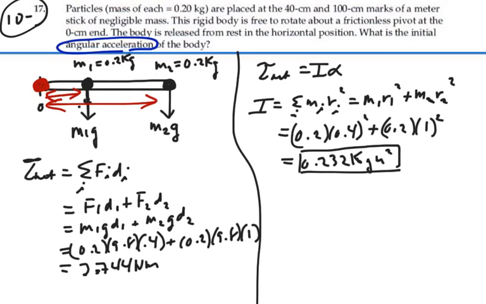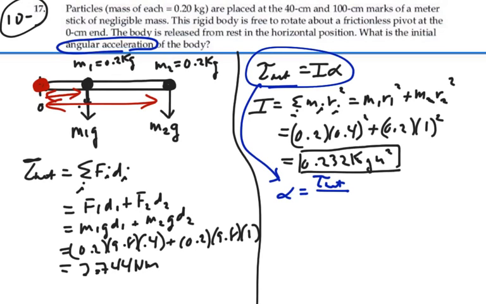Hence, if I take net torque equal to moment of inertia times angular acceleration, I'll have angular acceleration is equal to my net torque divided by the moment of inertia. And that's going to be 2.744 Newton meters divided by 0.232 kilogram meter squared.